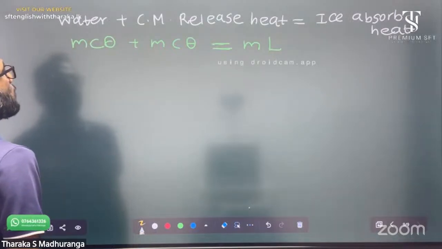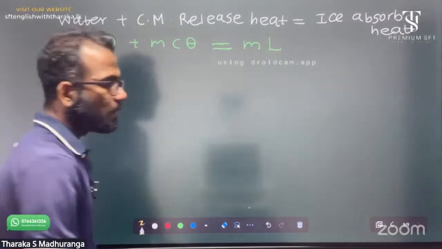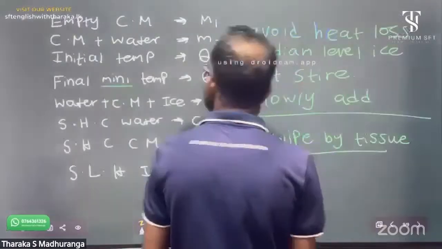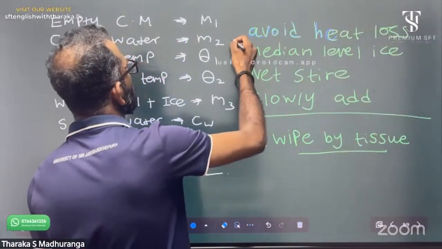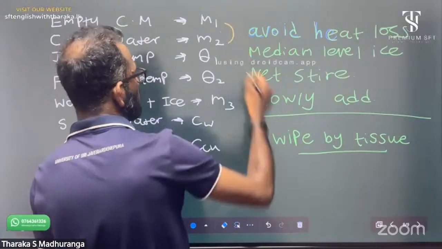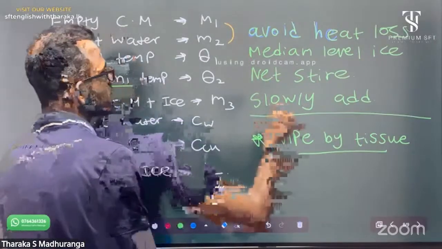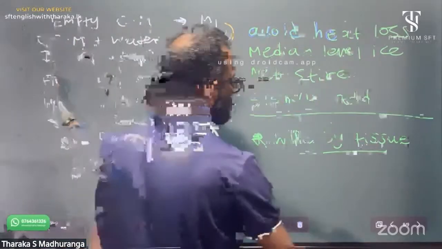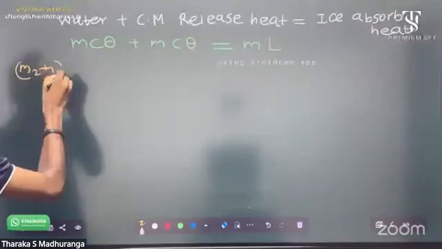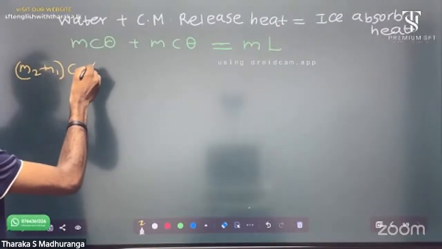Now, the mass of water. Let's take the water mass: M2 minus M1. Any doubt, please ask me. M2 minus M1. Water specific heat capacity CW.